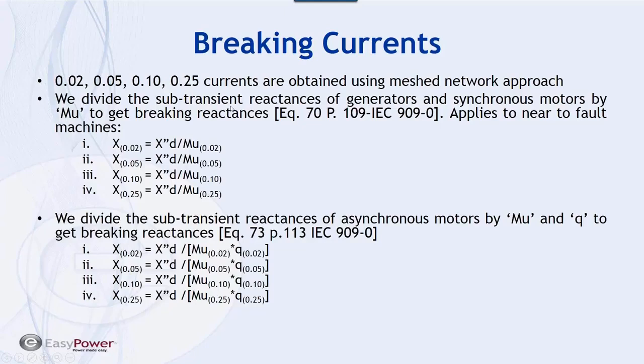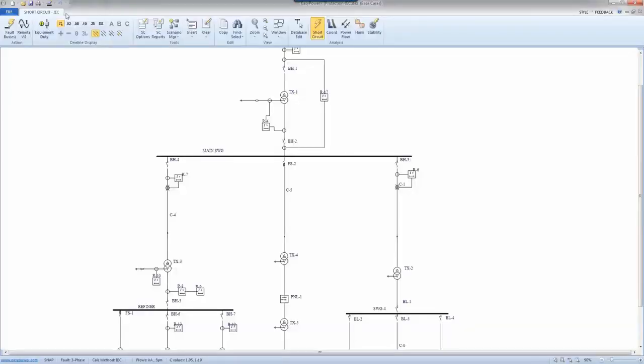In order to use the initial values, this value, which is the maximum, we very much follow the classical method of using the minimum impedance or the subtransient impedance of the equipment in a Y matrix and calculating the short circuit currents, very much similar to how we do that for momentary current in ANSI or any other classical method.